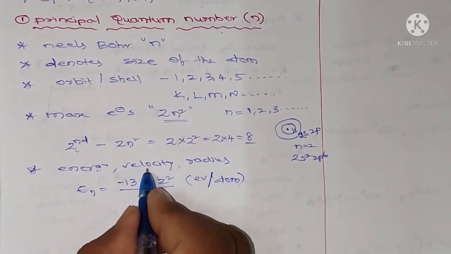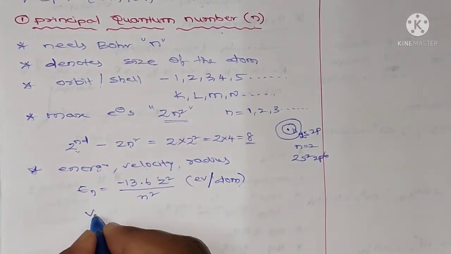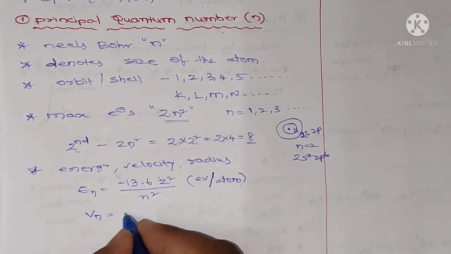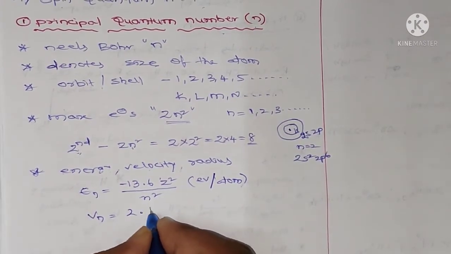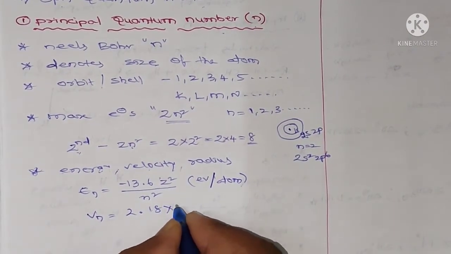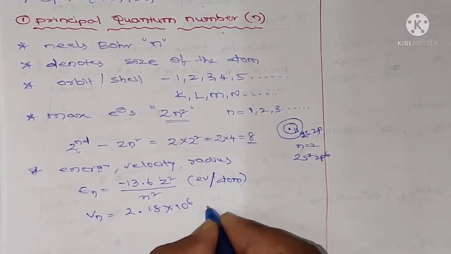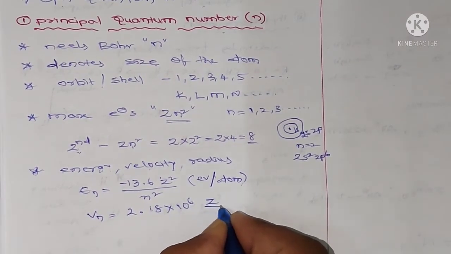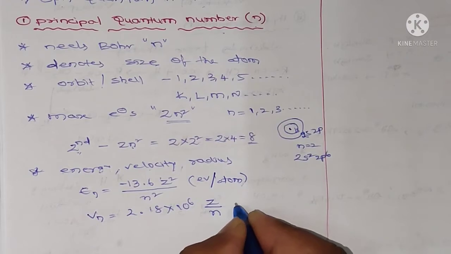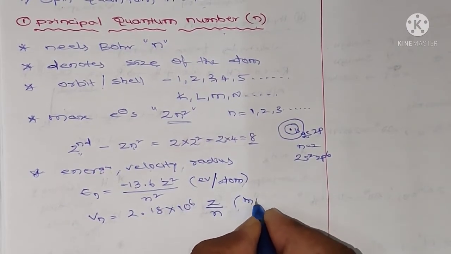And for velocity, Vn is equal to 2.18 into 10 to the power of 6 Z by n meter per second.